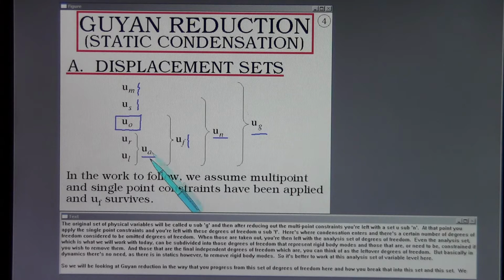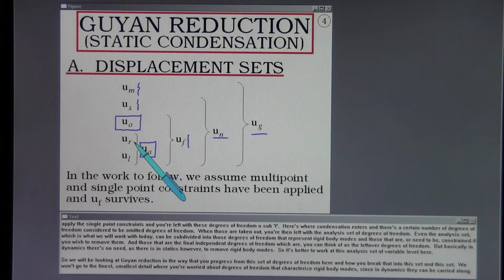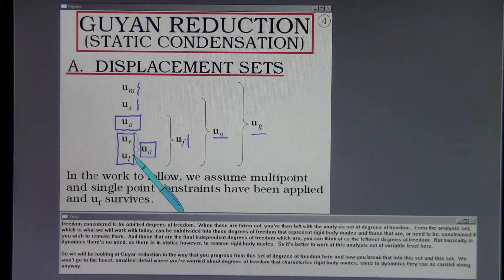Even the analysis set, which is what we will work with today, can be subdivided into those degrees of freedom that represent rigid body modes and those that need to be constrained if you wish to remove them, and those that are the final independent degrees of freedom, which you can think of as the leftover degrees of freedom. But basically in dynamics, there's no need, as there is in statics, to remove rigid body modes.